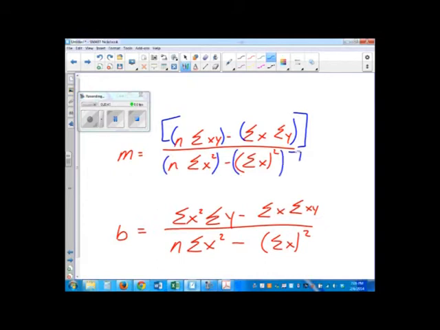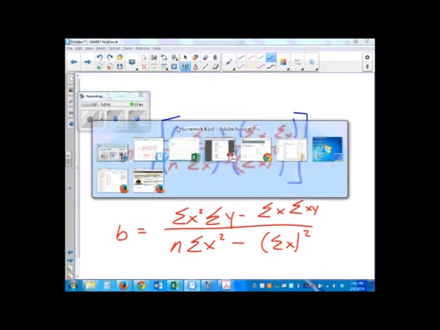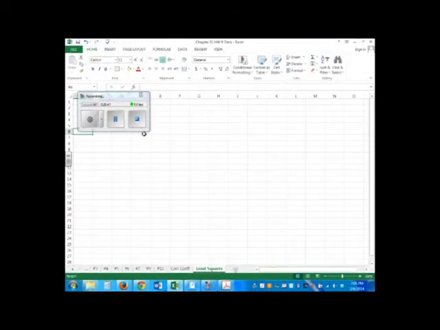So what I'm going to do here is, again, just like we did before, put brackets. I'm going to set up where I need my parentheses. So M. So I'm going to go back over here to my Excel spreadsheet, and I'm going to put M. Okay.